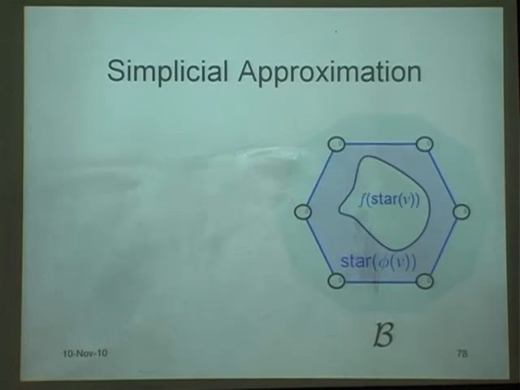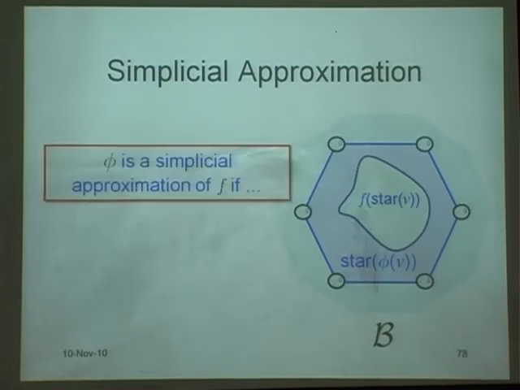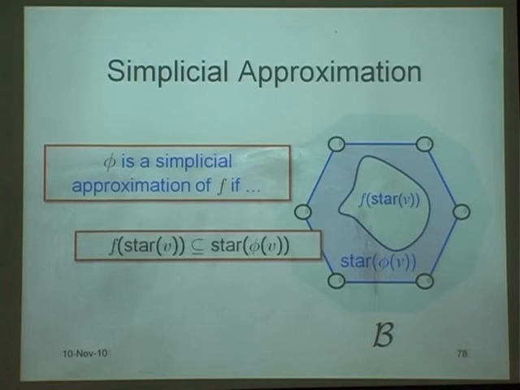So this is so we say that phi is a simplicial approximation of f if the the image of the star is inside the star of the image. Big one? Yeah. That's right. Who's keeping track of the bugs in the slides? Okay, mention that we should say for every vertex on this one.